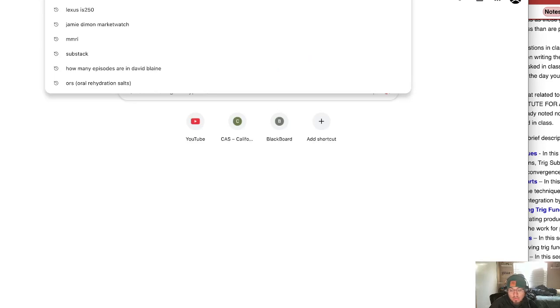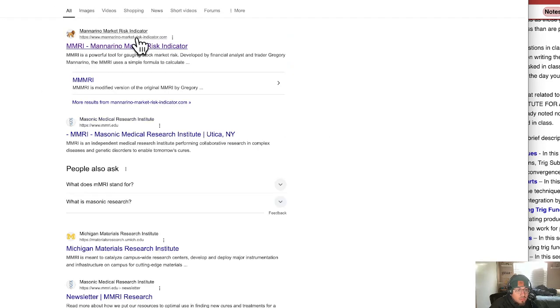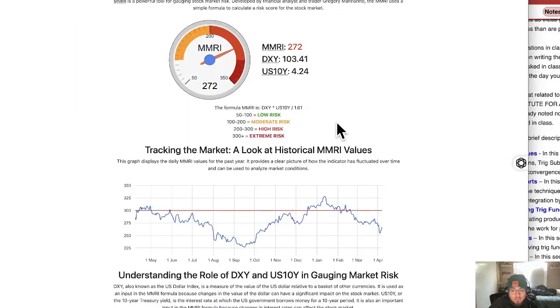Let's see what the MMRI says. This is another risk indicator where it's showing that we are in the high risk. So that means markets are sensitive to news.